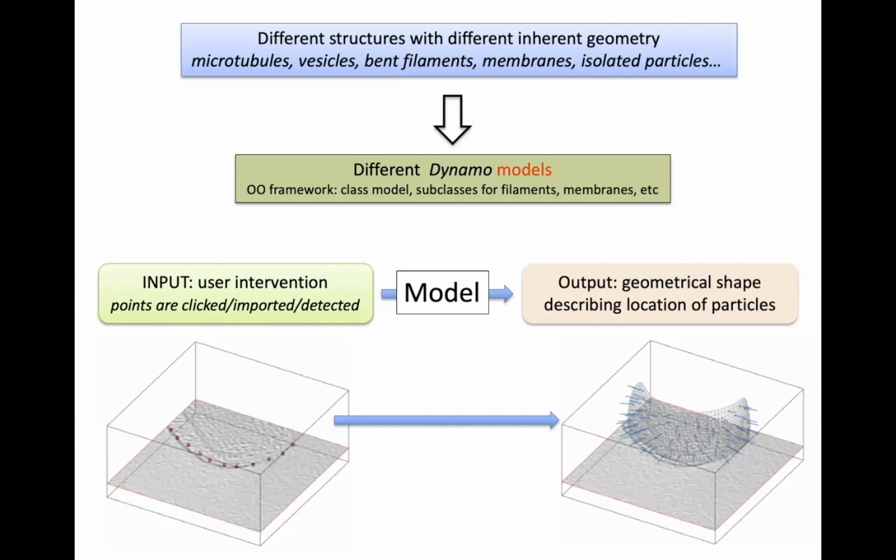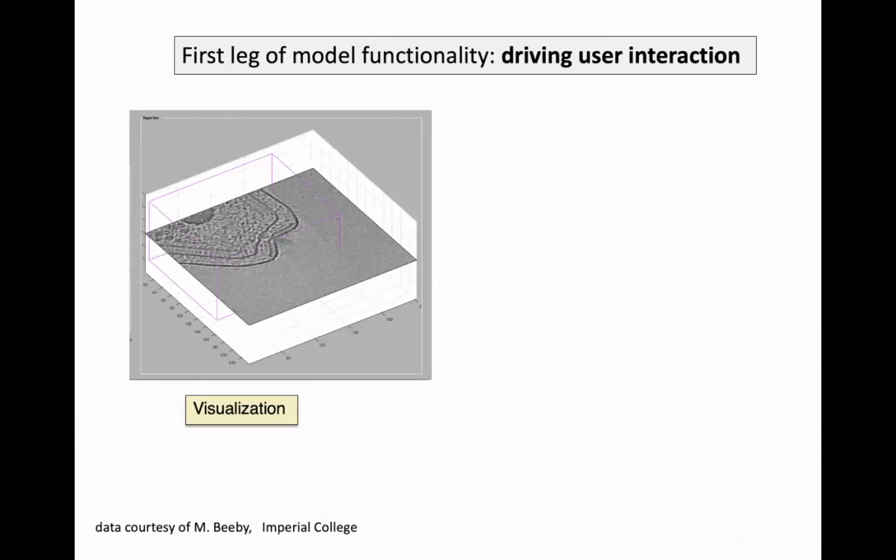They channel the user intervention on a tomogram. They offer different ways to the user to intervene and to interact with the computer representation of the tomogram in order to create different ways to access the particles in the tomogram. Let's see what it means.